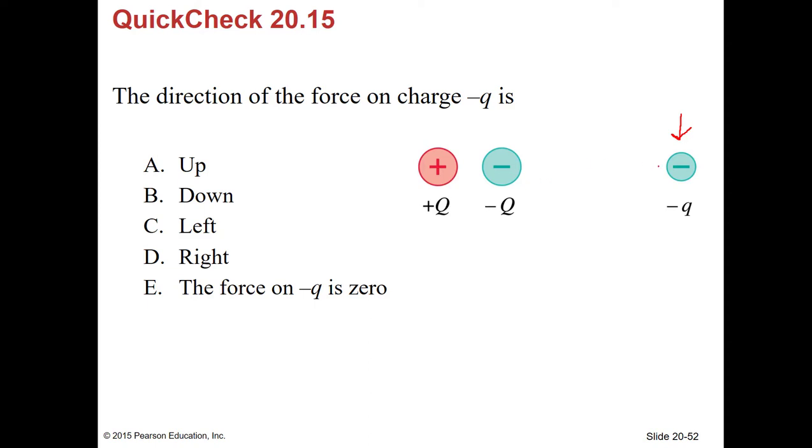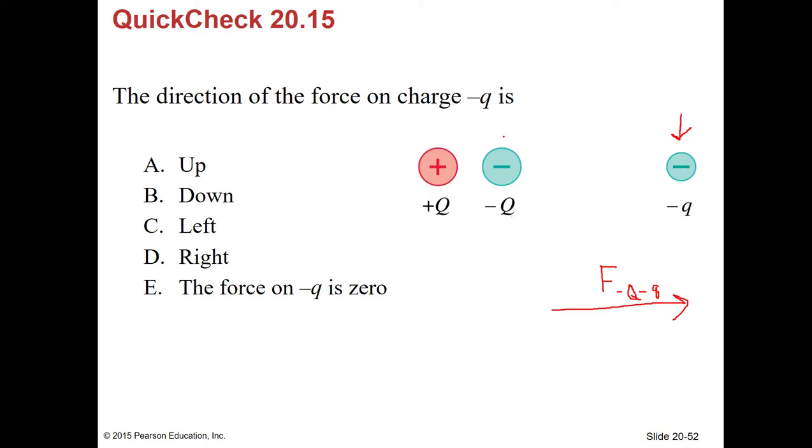This is negatively charged, this one's negatively charged. So we're going to have a force this direction from minus big Q on minus little q. Those are like charges, so they're repelling. So minus little q is being repelled by minus big Q.